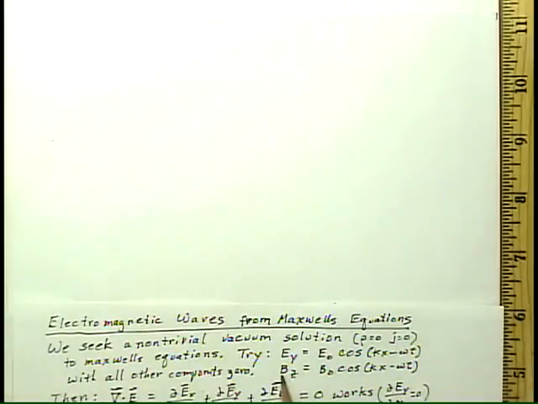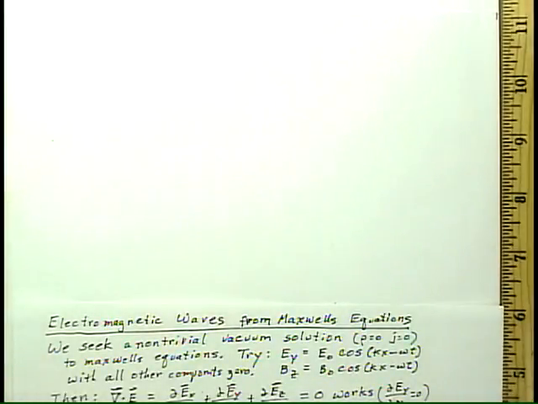And a magnetic field in the z direction only, and therefore Bx and By vanish, which is a constant times a cosine of kx minus omega t. We notice that these two wave numbers are identical, and the two frequencies, omega, are also identical. The cosine forms are identical, and this is a requirement in order for these to be a solution.